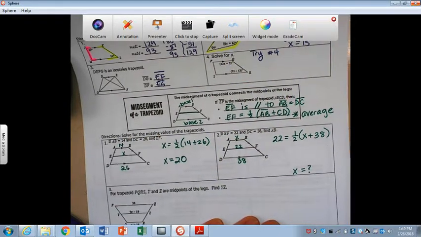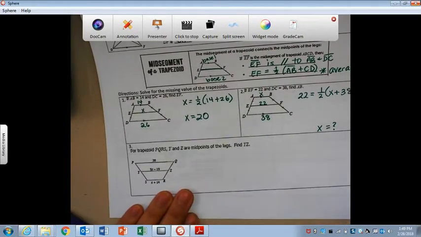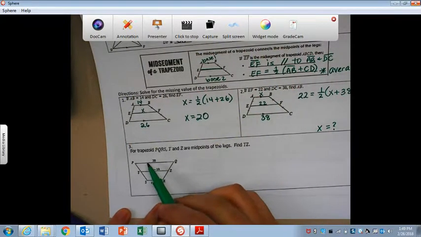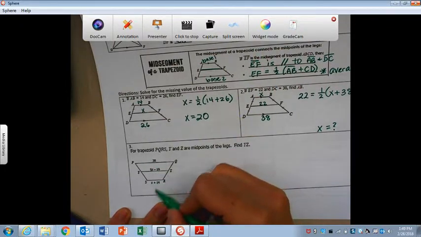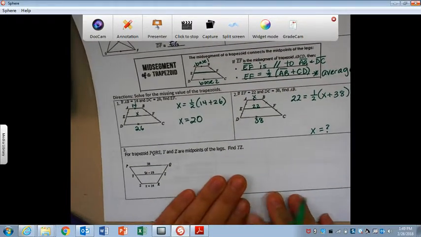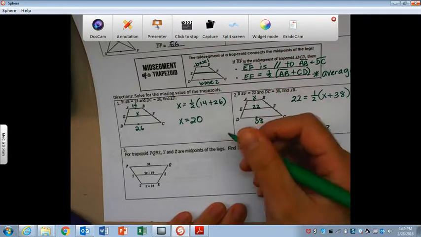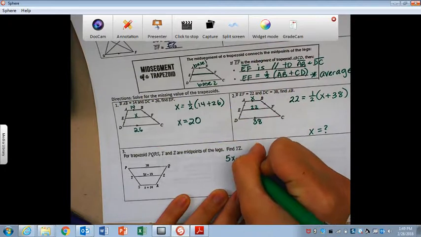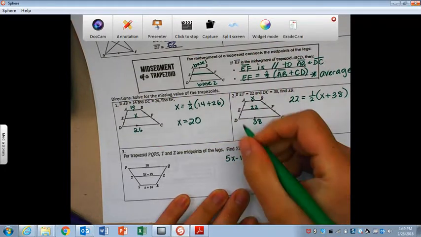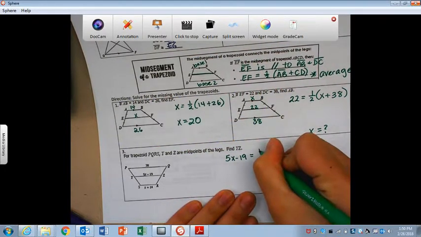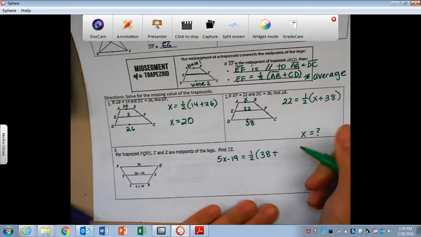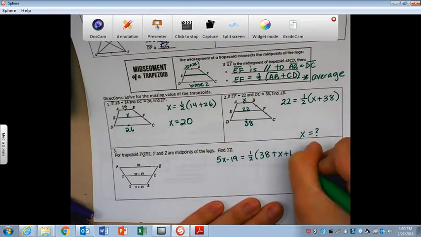Okay? Next thing. Here we go. So you've got the same thing, but there's more variables than the other two problems. Okay, so we're just going to ramp it up a notch. So you've got 5x minus 19, okay, which is your mid-segment, equals half 38 plus x plus 14, okay?